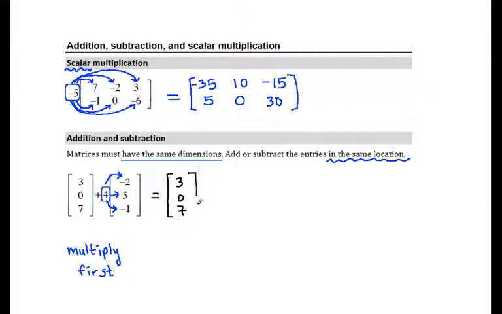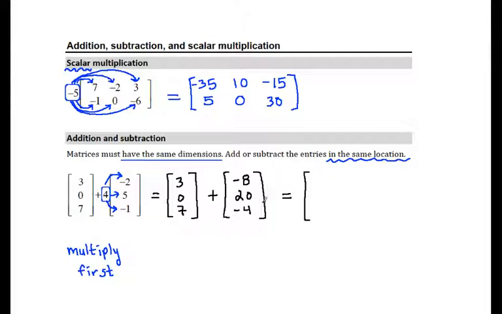We're still adding the matrices, so I'll keep the plus in here, but I will scale up the second matrix by 4. So this becomes -8, 20, and -4. Now we see that both of these matrices are 3 by 1 matrices, and therefore our result is also going to be a 3 by 1.